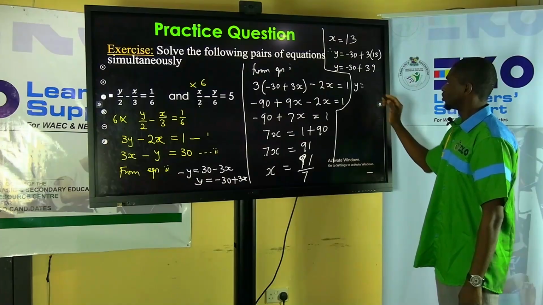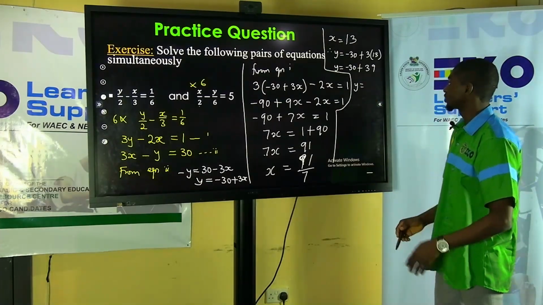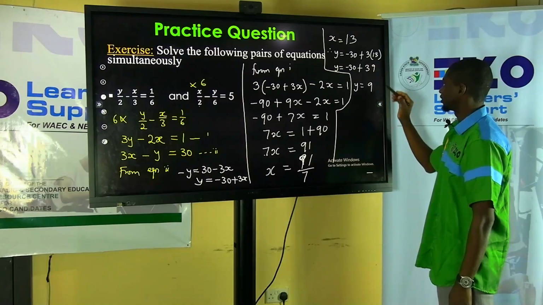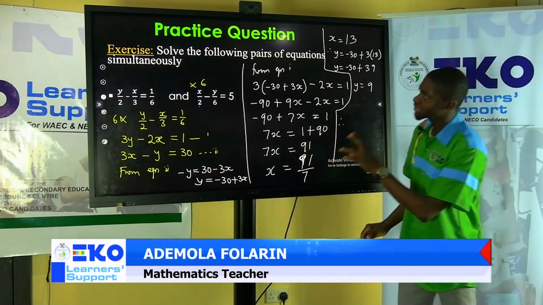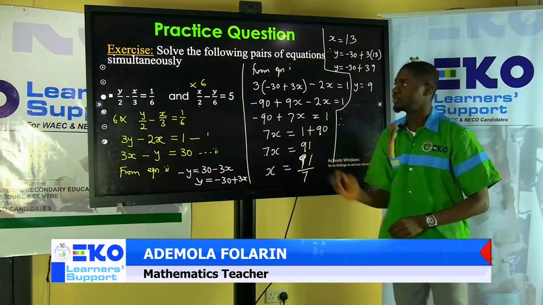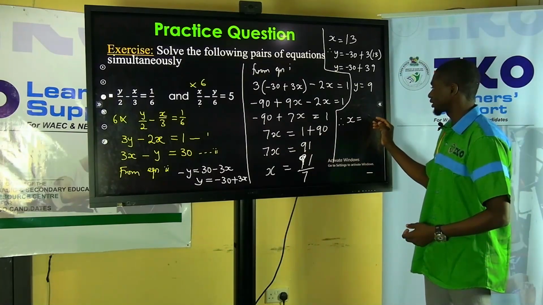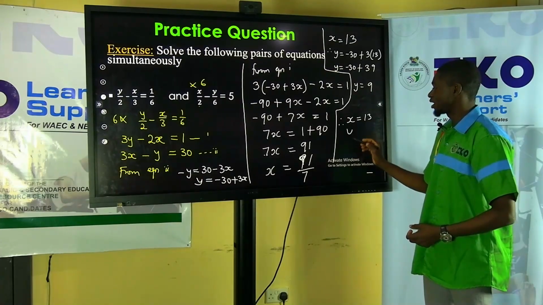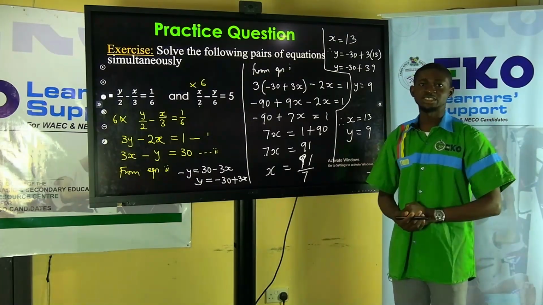So negative 30 plus 39 gives us 9. Therefore, the values of x and y that satisfy this given simultaneous equation are x equals 13, while y equals 9. I bet you find that interesting.